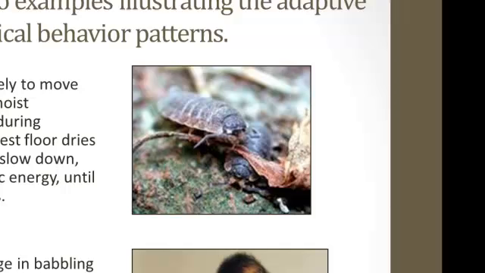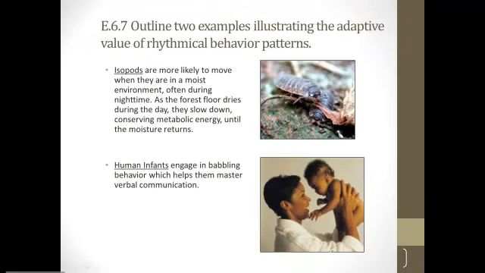If they're crawling around the forest floor and the forest floor is nice and moist, they're going to go around and forage for food. But if the forest floor starts to dry out, like it might between 12 and 2 during the daytime, they're going to slow down and conserve their energy because they're less likely to find food. So that shows this daily rhythmical pattern between increased and decreased activity.